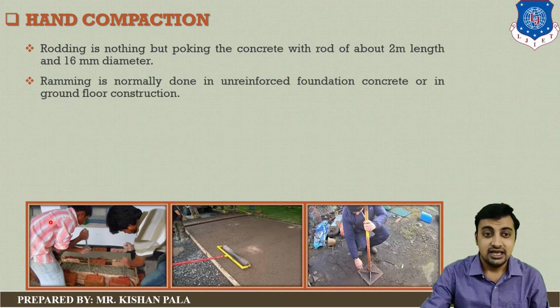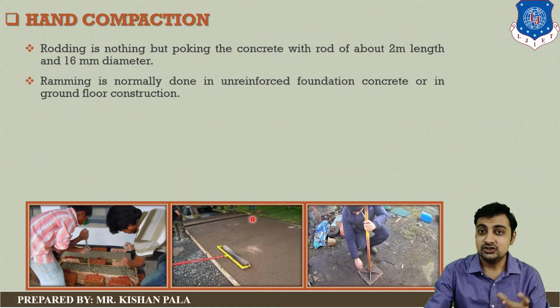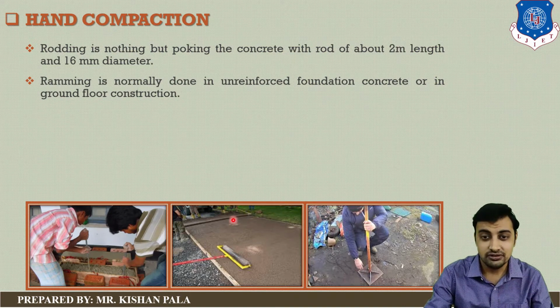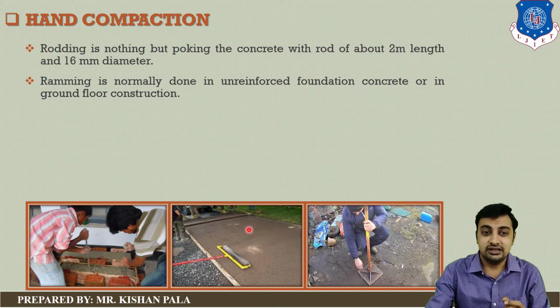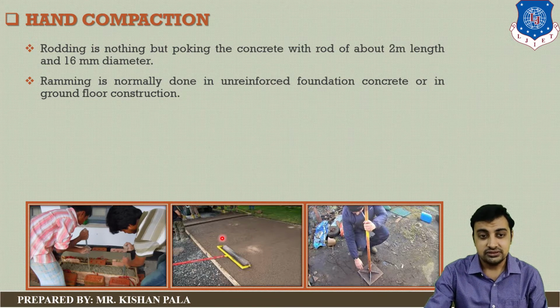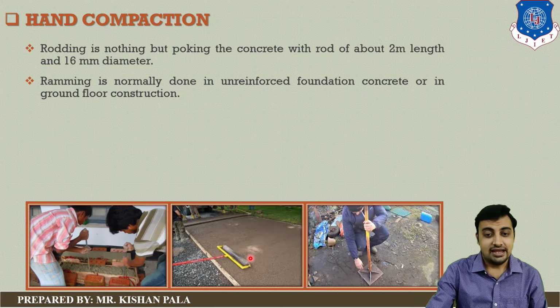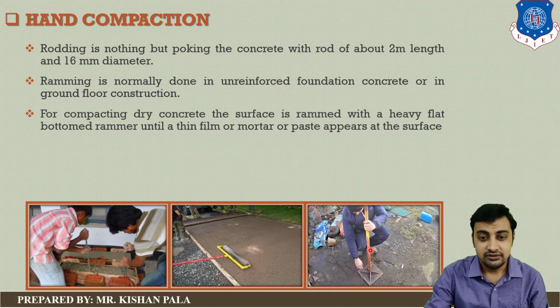The second one is ramming. Ramming is normally done in unreinforced foundations, as you can see on your screen, or in ground floor construction. So this is ramming. And the third one is the compacting of dry concrete.